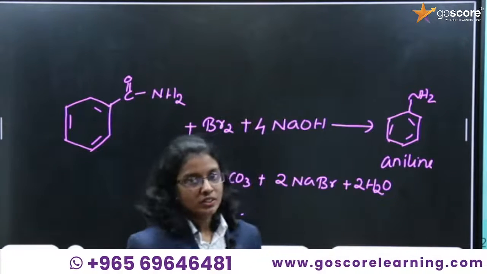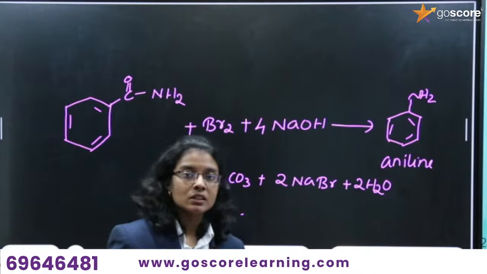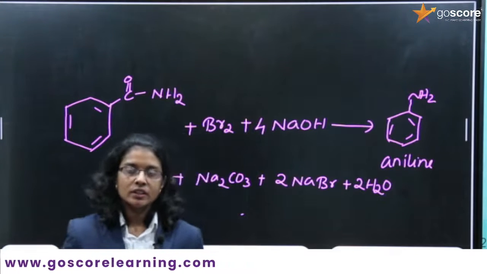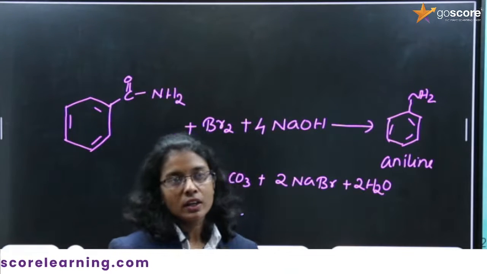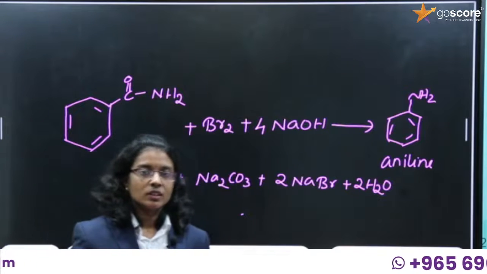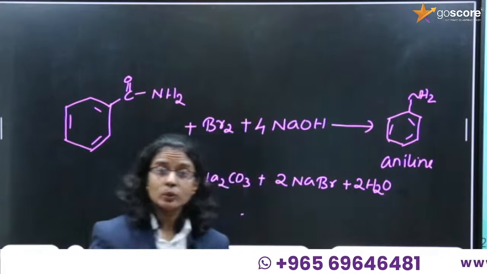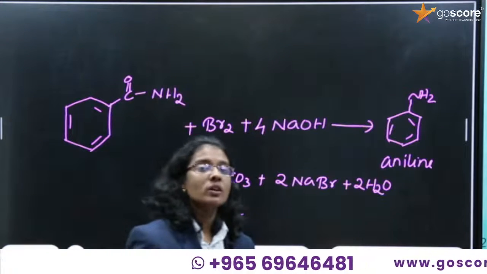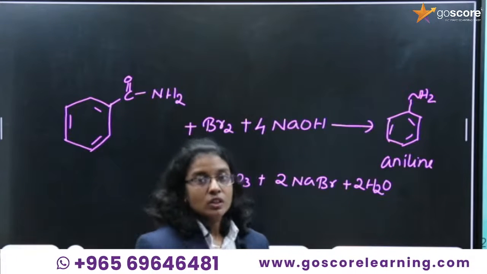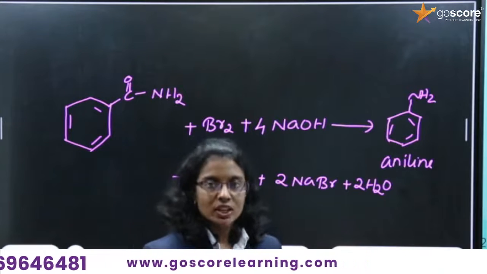First one is catalytic reduction, or we can reduce by active metals like iron, tin with HCl. Then tell me why Fe plus HCl is preferred more. Because in Fe plus HCl, FeCl2 is formed. That FeCl2 on hydrolysis gives HCl during the reaction. So only a small amount of HCl is required to initiate that reaction.